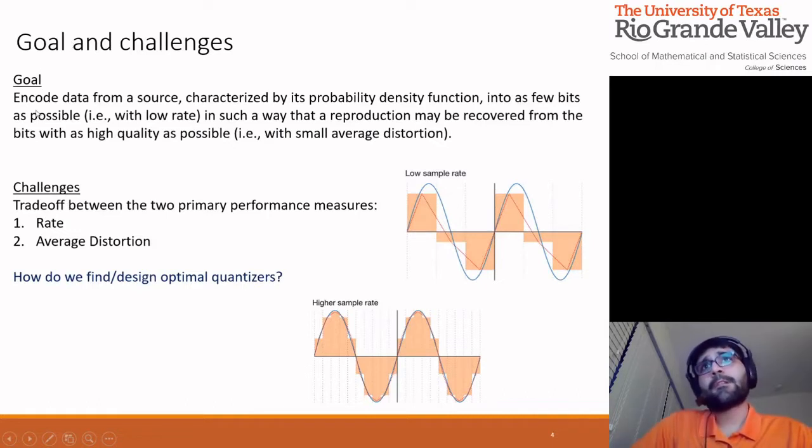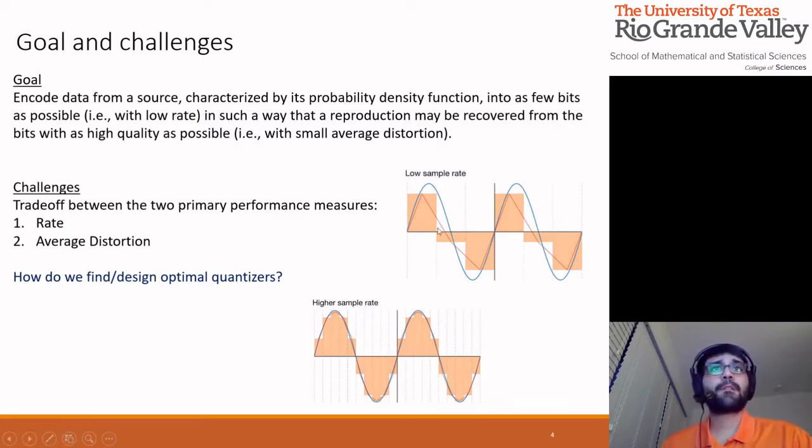So the goal is to encode data from a source characterized by its probability density function into as few bits as possible with low rate, in a way that a reproduction may be recovered from the bits with as high quality as possible, with small average distortion.